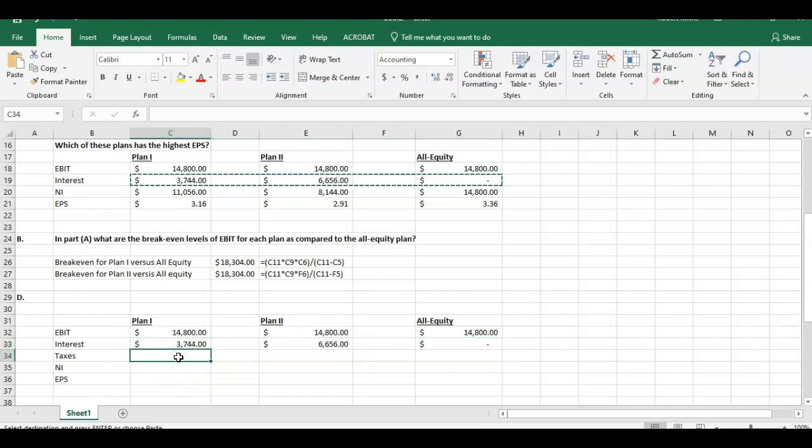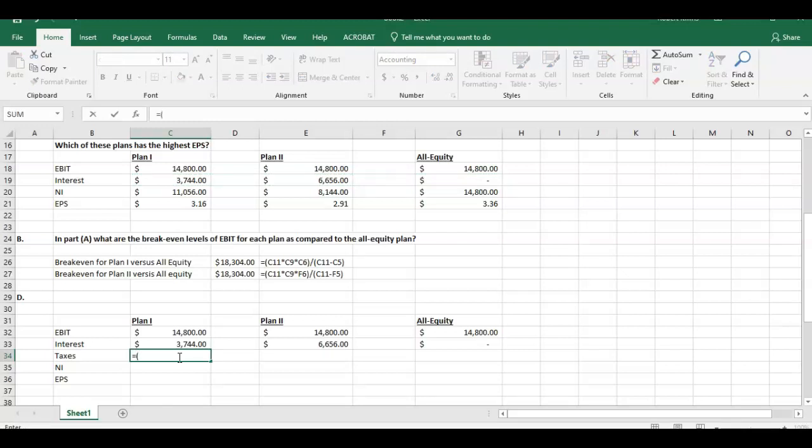Number two is going to be the taxes that are going to be required to be paid in all these different scenarios. So simply here, we could take our EBIT minus the interest that we had paid.